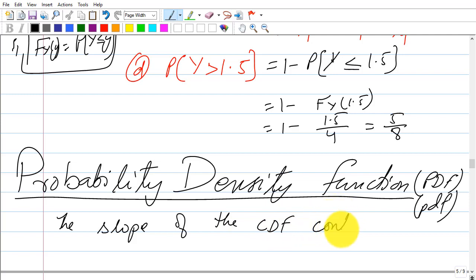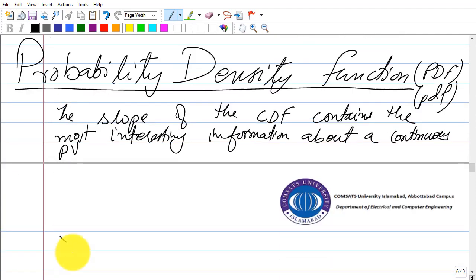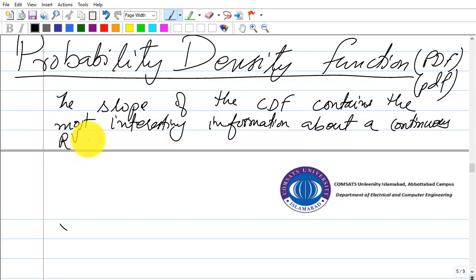contains the most interesting information about a continuous random variable.